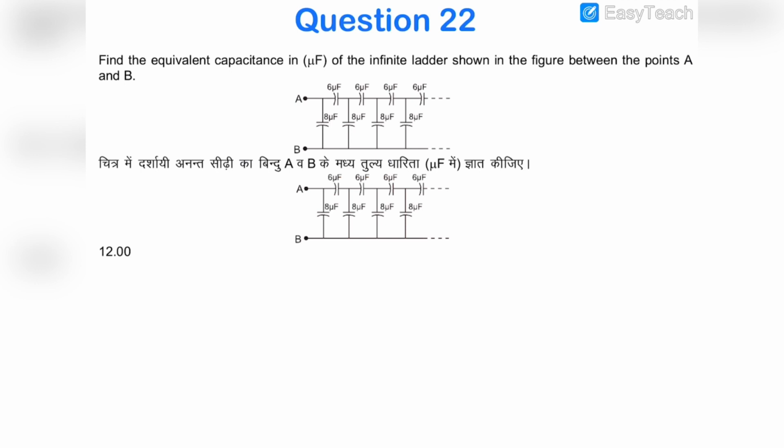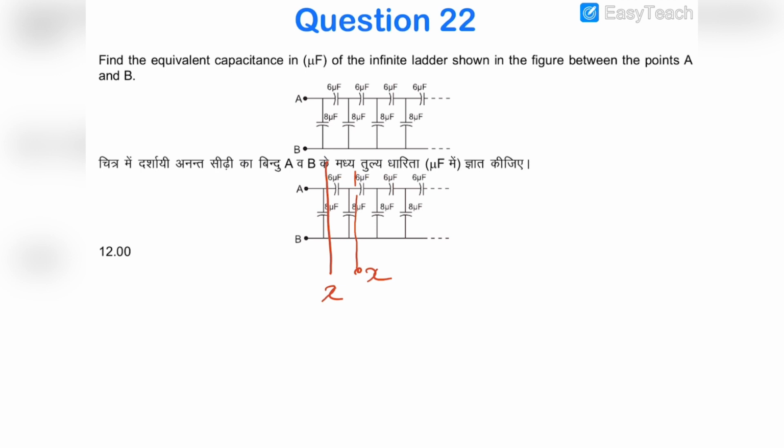So what we have to observe is that these branches, 6 and 8, are going to infinity, and if we come from the last branch towards A and B, and we just leave out this one branch, this one we have left out. So till this point, if the equivalent capacitance is X, till this point it would also be X.